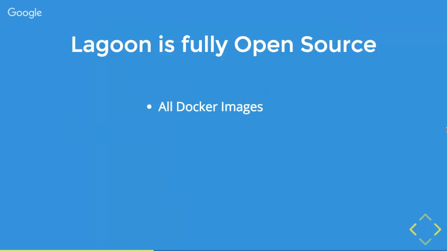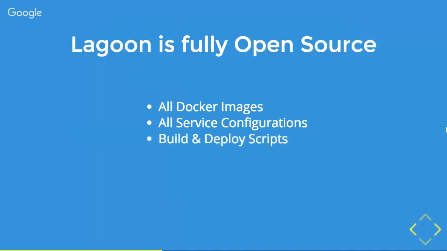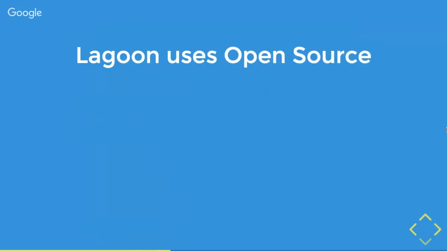So that means in Lagoon, you can see all Docker images there are. You have all service configurations. You have all build and deploy scripts. And the whole test infrastructure is there. You can look at it. You can tell me if it's wrong. We can fix it together. And of course, Lagoon itself, because it is open source, also has to use all the open source stuff.